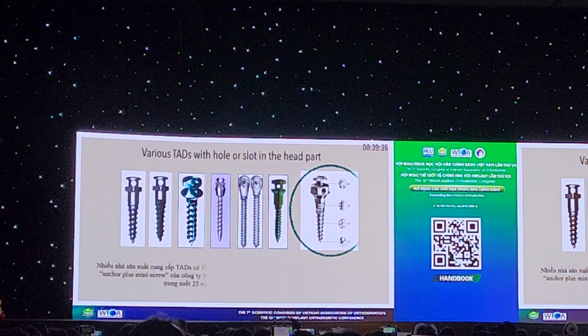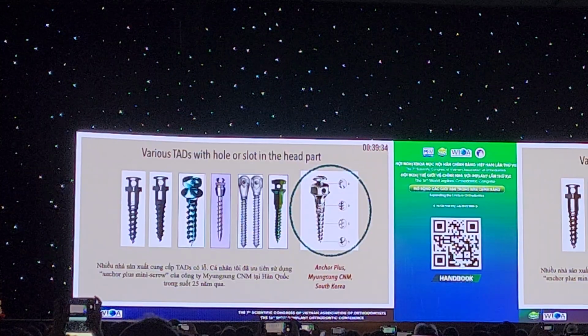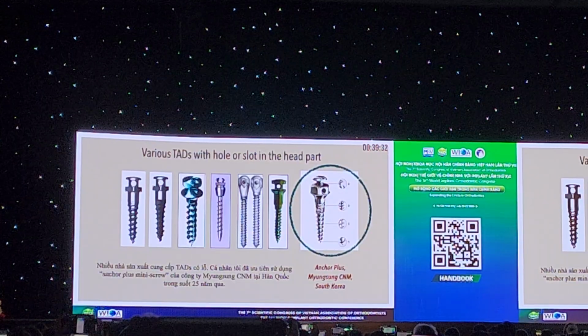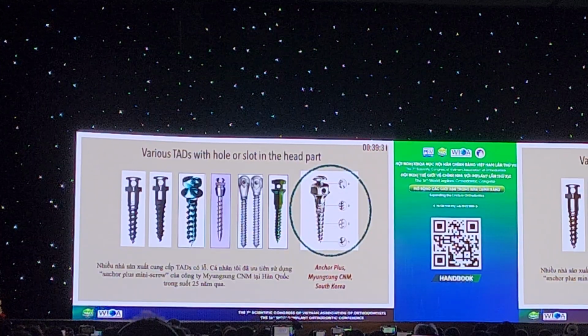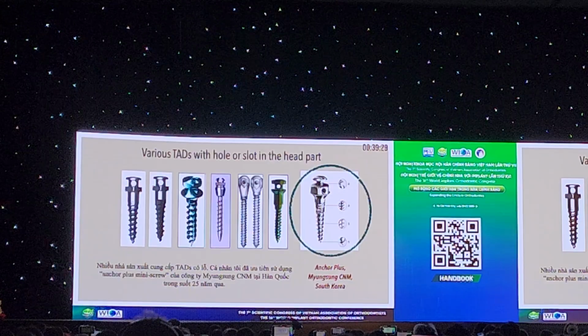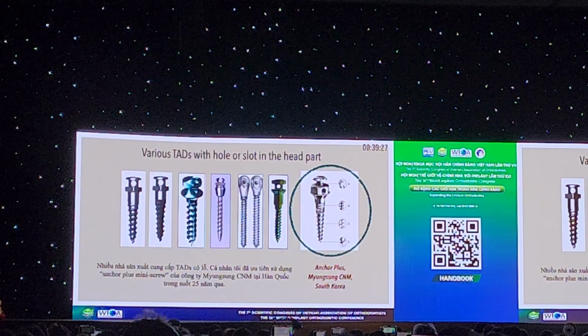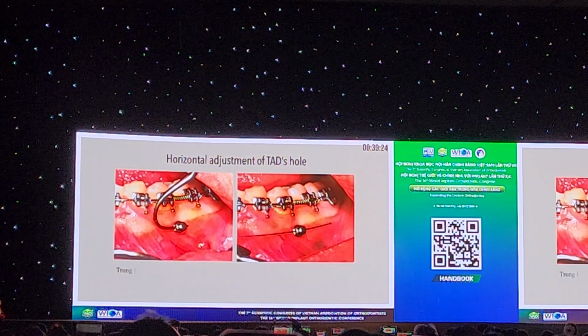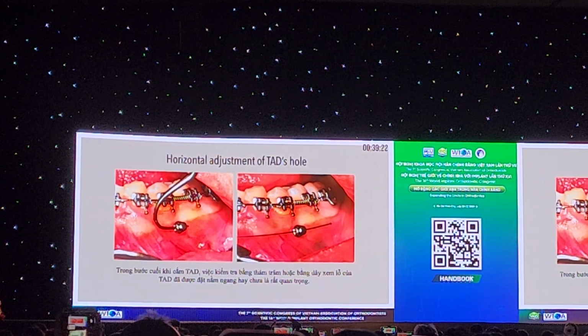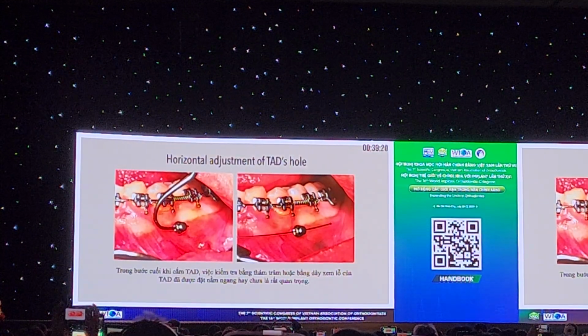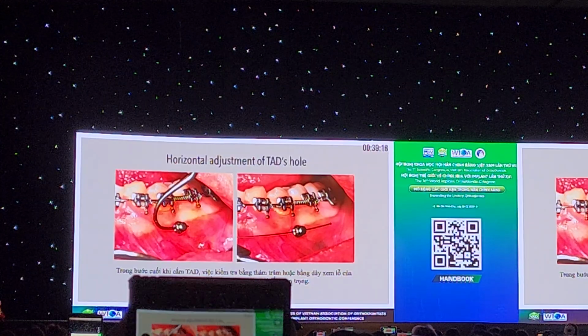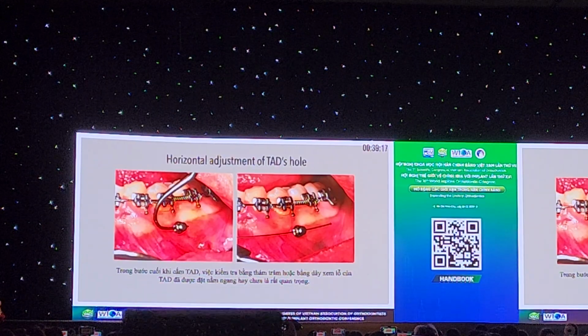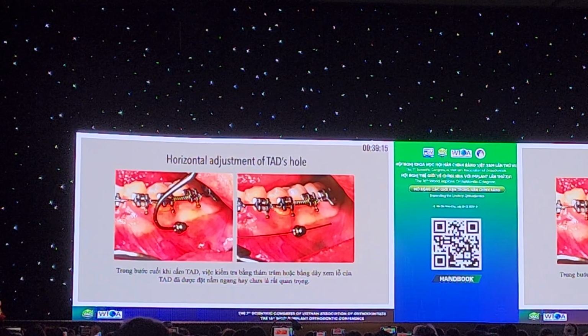Many manufacturers provide this TAD with a hole. Personally, I have preferred to utilize the Anchor Plus screw from Myeongsang CNM company in South Korea for 25 years. During the final stage of TAD installation, it is crucial to verify with an explorer or a wire that the hole has been installed horizontally.